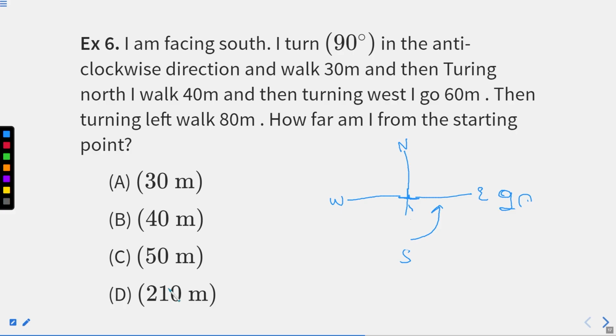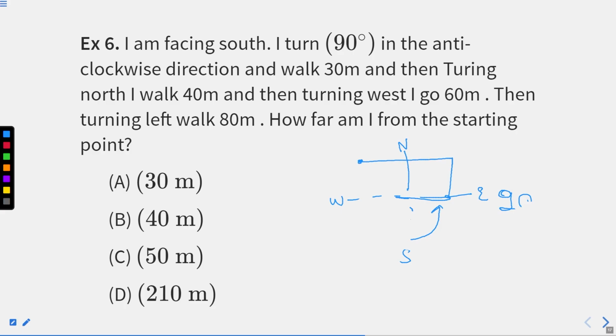Okay, now as soon as we move to this part, and we are walking how much? 30 meters. So you can see in the question that as soon as you move 30 meters and then turn to north again, you will find yourself here. Then you walk 40 meters and then turn to west and then you walk 60 meters, right?